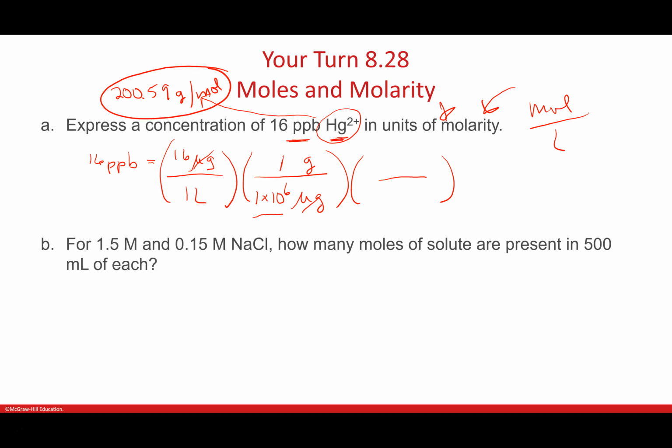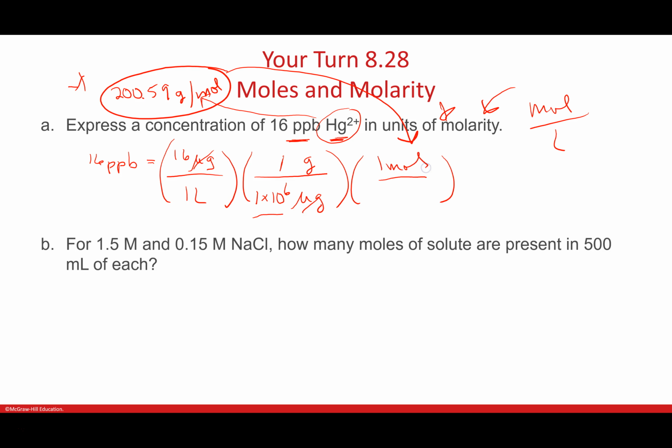Okay, so we've come back to you now, Autumn. Can you use the molar mass as a third term here to have grams cancel from the second term and be left with moles in the numerator? So that's 200.59 grams per 1 mole.